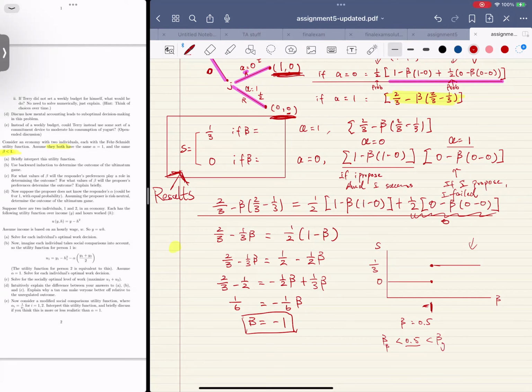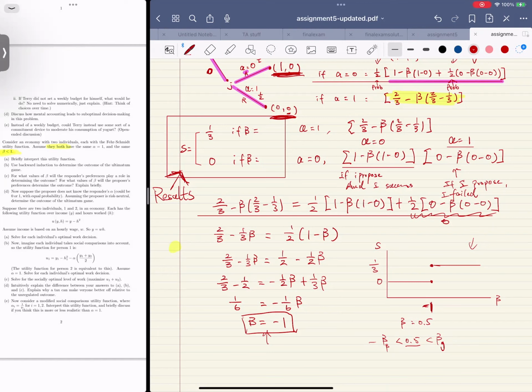If we are a beta of good people, we care about others. If we are a beta of bad people, we are disinterested about the inequality. But if we have a negative beta, that means we're happy about other people's inequality. Like we're happy to see other people fail or having less money than us.